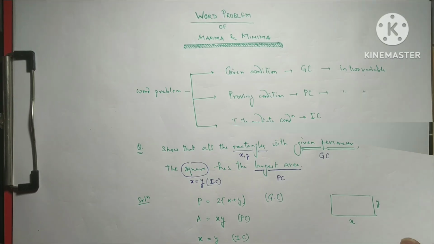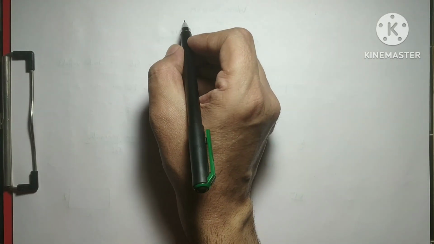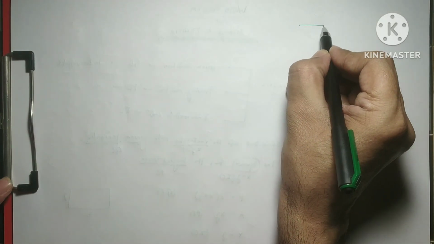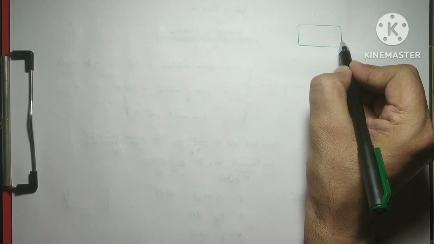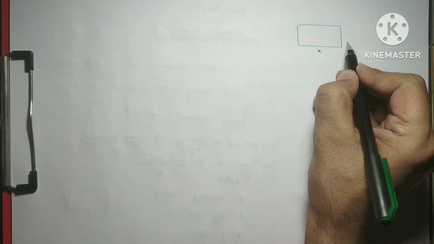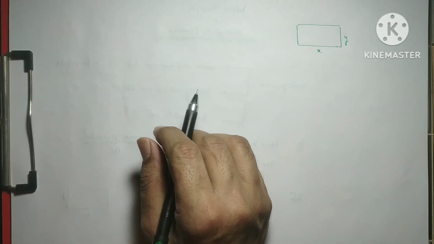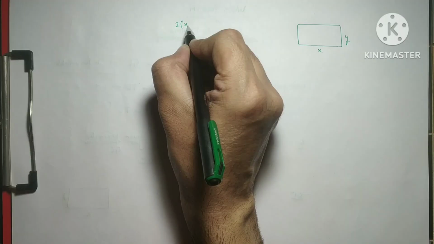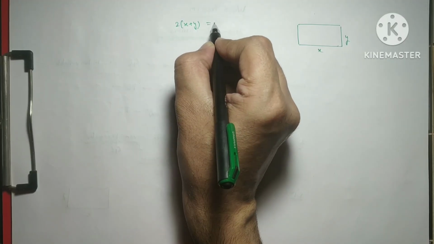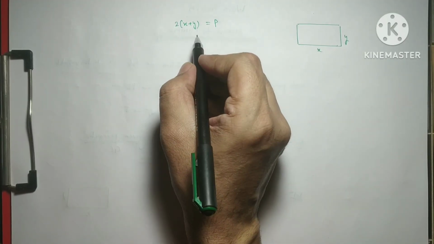Okay, now we start this question. So we have a rectangle whose sides are x and y. Perimeter, it is twice x plus y is P. P is constant given.